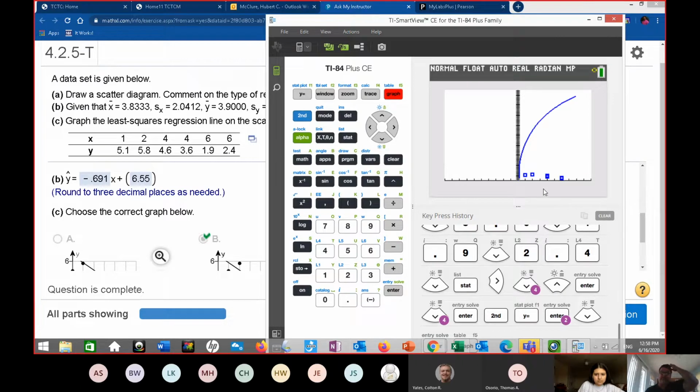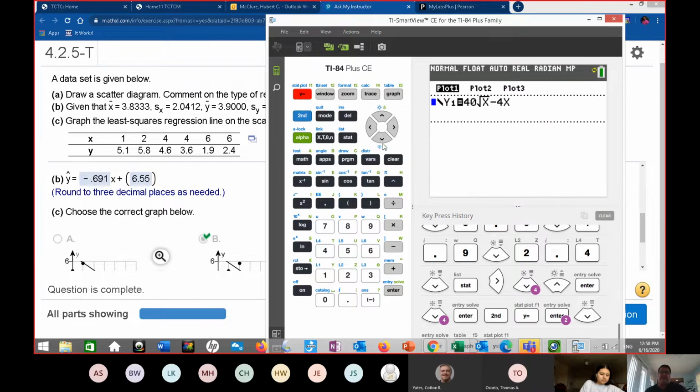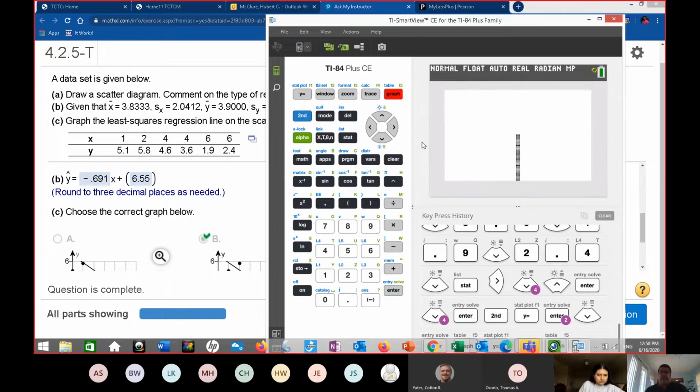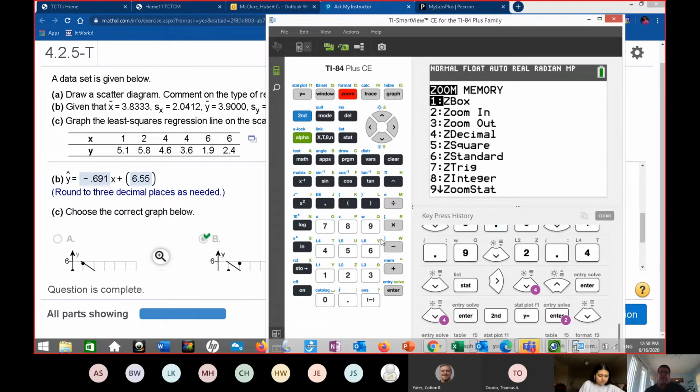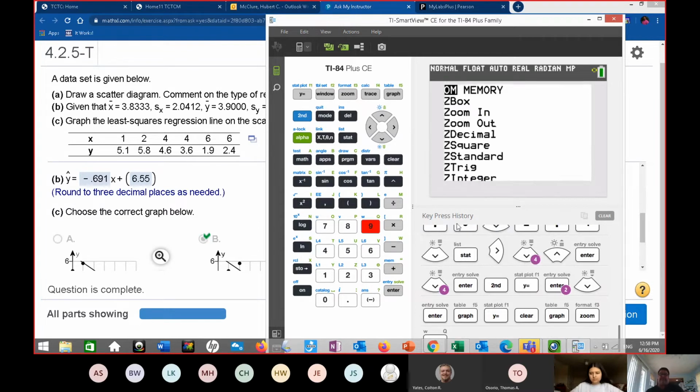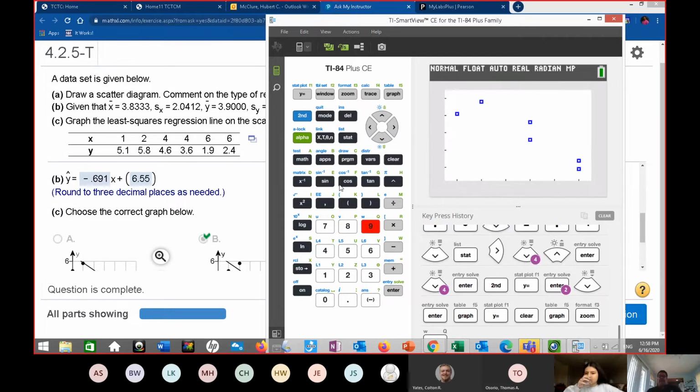Okay, I've got something in there, so I've got to take it out. Y equals. Make sure you clear anything that's in there. There we go. Now, it's still got it where you can't see it, so you hit Zoom 9 for stat. There's your, look at there.